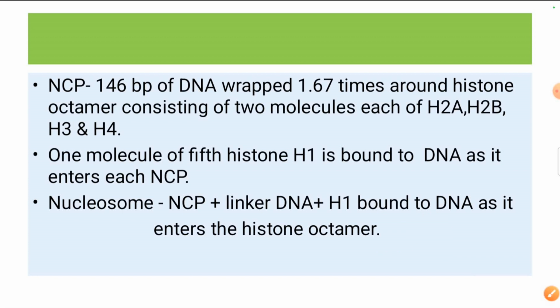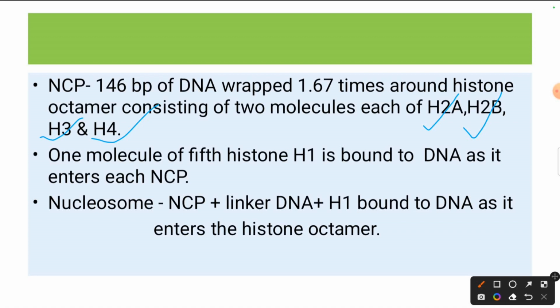The octamer thus consists of eight histone proteins, two each from H2A, H2B, H3, and H4. So what about the fifth histone protein? There is a single fifth histone protein, which is bound to the DNA as it enters each nucleosome core particle.